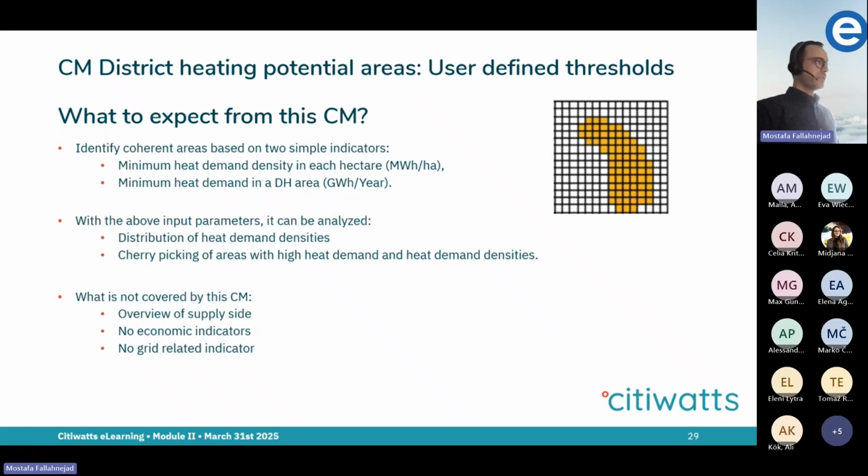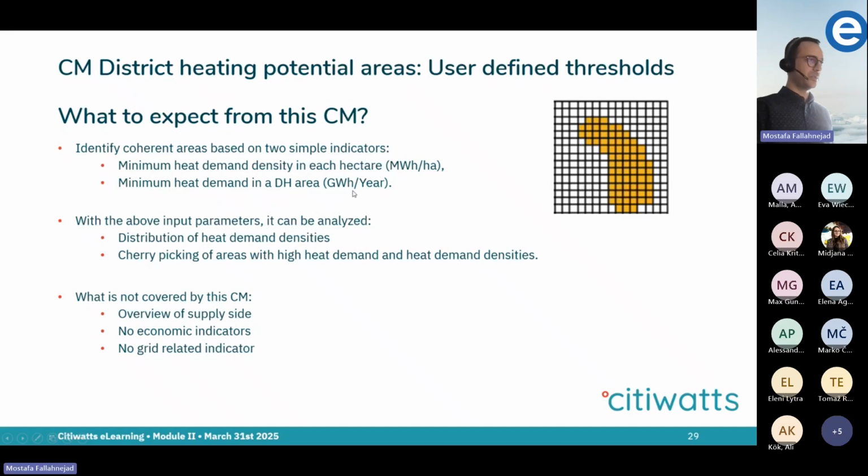So the calculation module basically takes two simple input parameters. One is the minimum heat demand density in each hectare, and the other one is the minimum heat demand in a district heating area. So if you were in the first block that we had on Friday, I showed you how a raster layer looks. Normally, it's a pixel-based data set, so each pixel has a value.